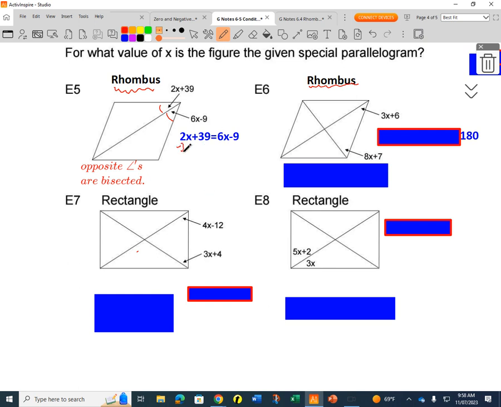Going to get them together by adding the opposite of the smallest. Add 9 to both sides. Divide both sides by 4. And x equals 12.